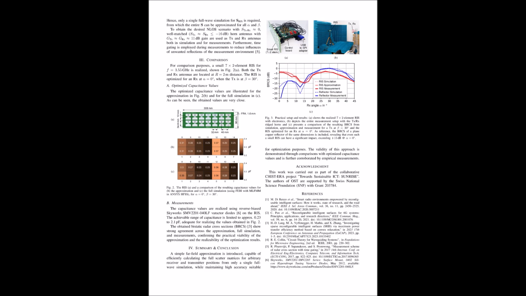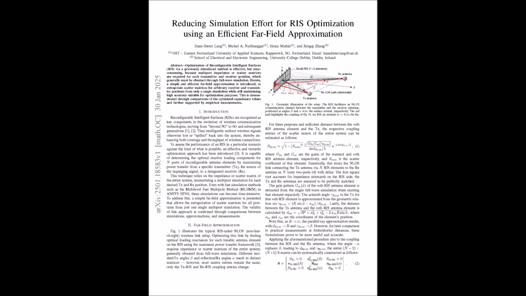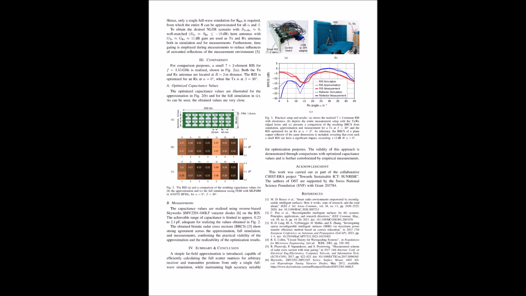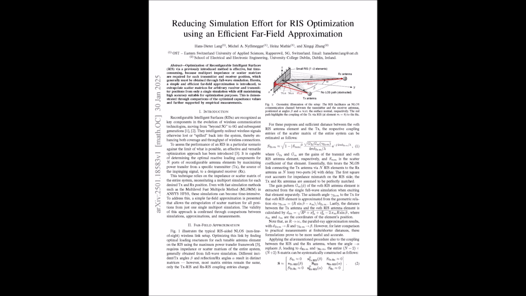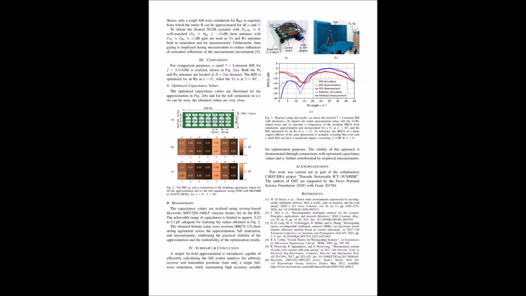But how do they ensure that? In the real world, there are always going to be some stray signals bouncing around. True, but they took steps to minimize that. For one, they used highly directional horn antennas for both the transmitter and receiver. That helps to focus the signals and reduce any unwanted spreading. So like putting blinders on the transmitter and receiver so they only focus on the RIS. A good way to think about it. And they also employed a clever technique called time gating during measurements.